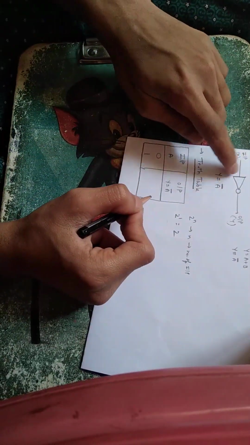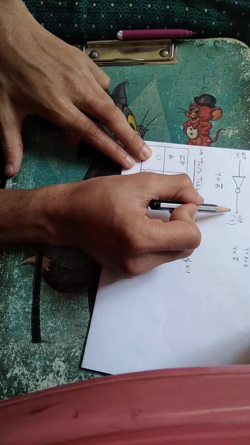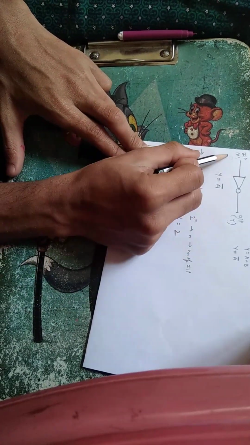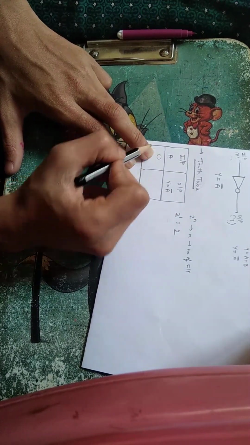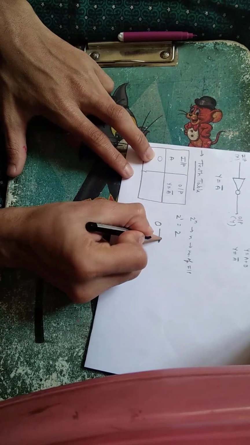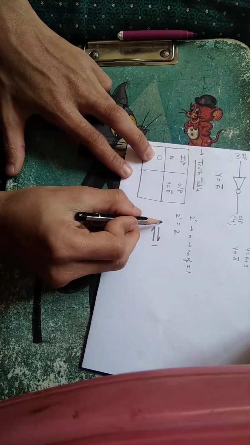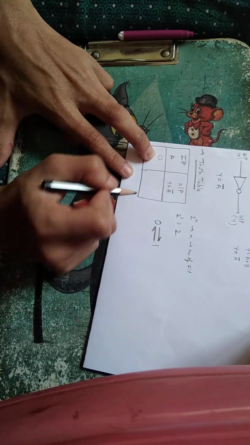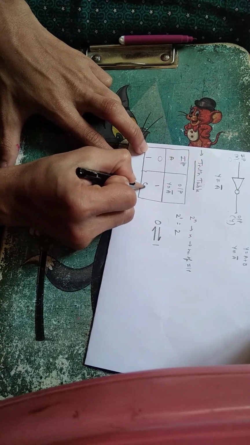So what the NOT gate actually does is, the output will be inverted, that is A complement. A complement means 0 will turn into 1 and 1 will turn into 0.